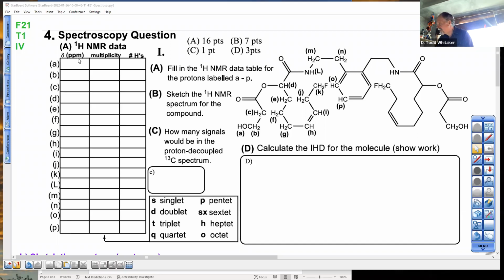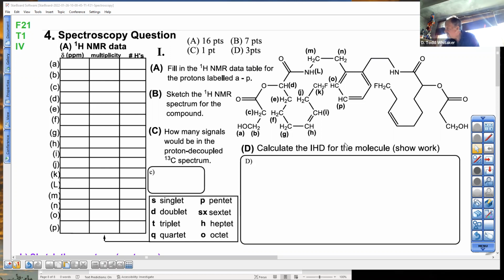I hope I don't make a mistake. All right, so there's a lot going on here. We want to do the easy part first, the number of H's. Now, in this molecule, you'll see there's a lot of H's that never got labeled. There's only one reason this would ever happen on this question.